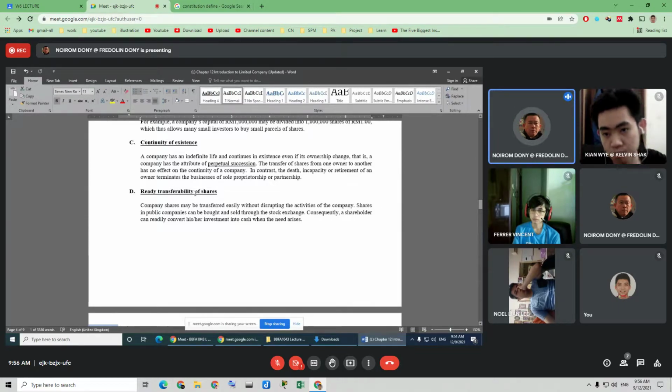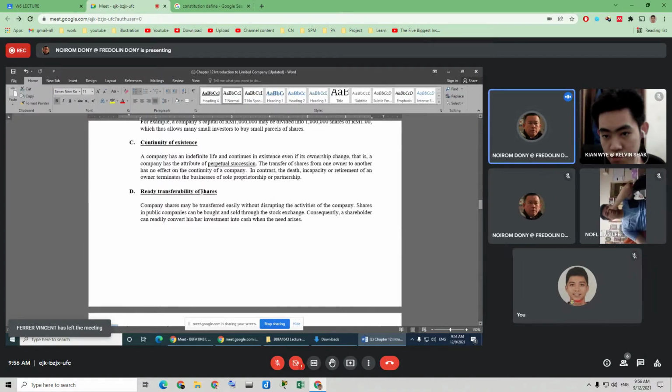Meaning if the shareholders need cash, but their cash is tied up with their investment in the share in the company, they can sell it off because they have the feature of ready transferability, especially when those shares are listed on Bursa Saham Kuala Lumpur. Yeah, you can sell off at any time.